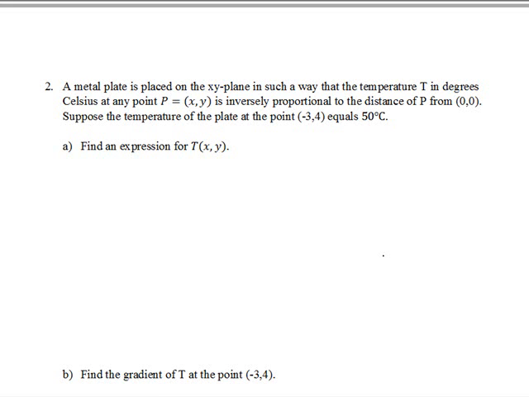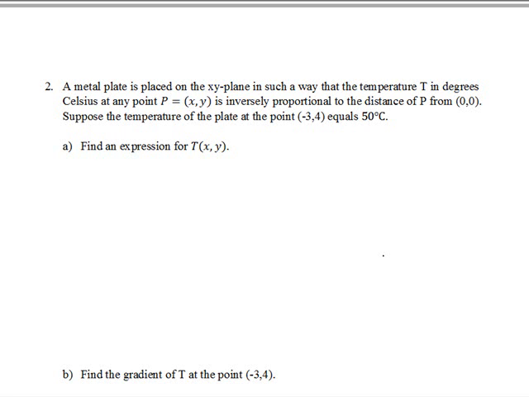Now this one is a little bit more challenging because you were not given the function. You are asked to find the function. So let's find the function. That's what makes this challenging. You have to go back to algebra. You were told that the temperature is inversely proportional to the distance of P from the origin. The first thing we need to find is the distance of a point from the origin.